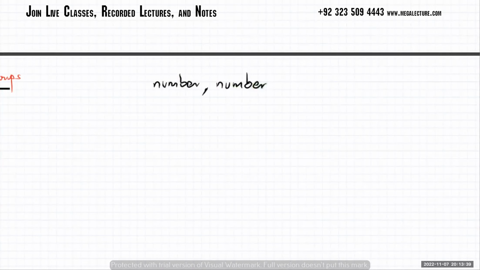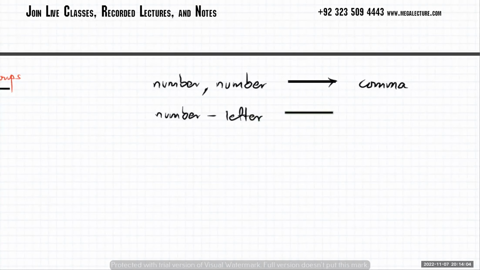And when you write a number and a letter, okay? In that case, you're going to put a dash between them. Whenever you see a number with a letter, you put a dash. That's got to be between it.